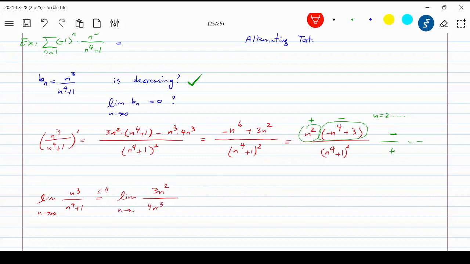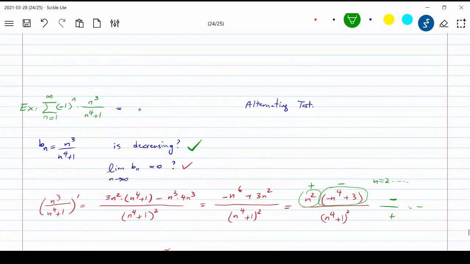As n approaches infinity, n squared will cancel out, so you'd have the limit of 3 divided by 4n as n approaches infinity. And 3 divided by infinity is simply 0. So this is also a true statement. Both of these two are true, and I can say this is a convergent series by the alternating test.